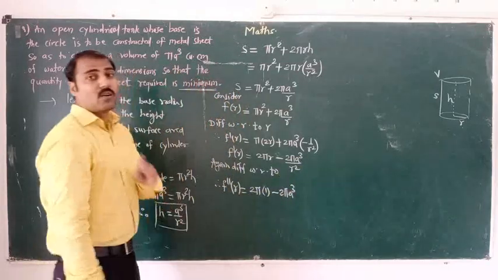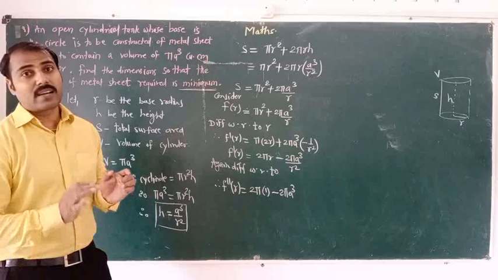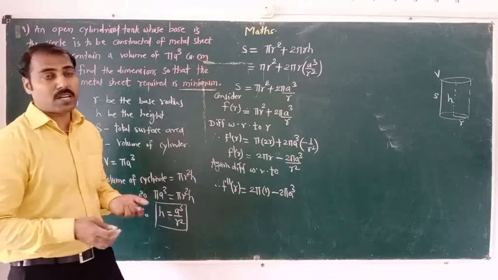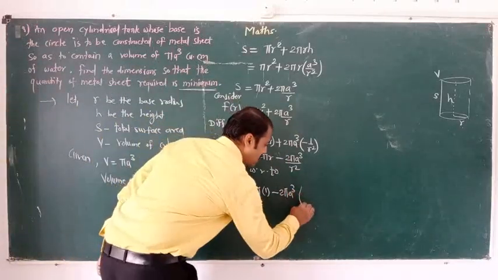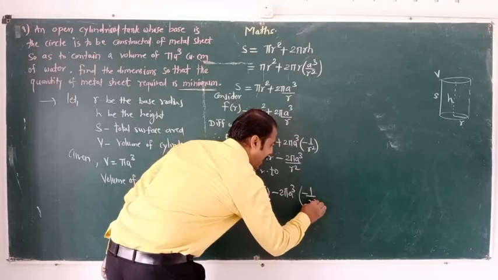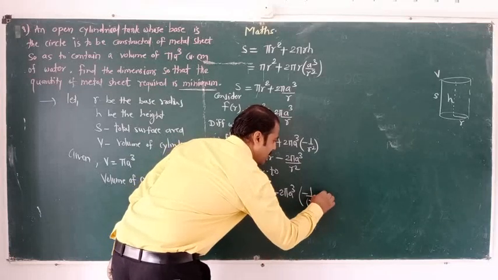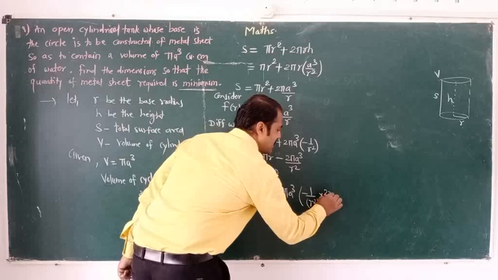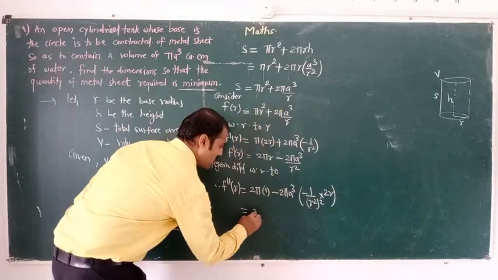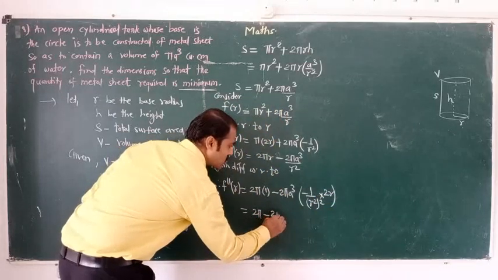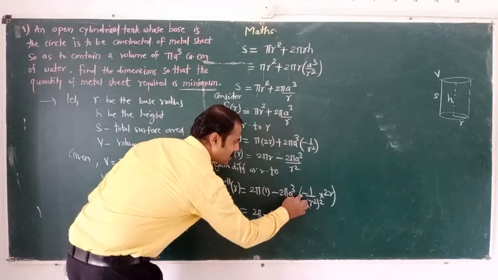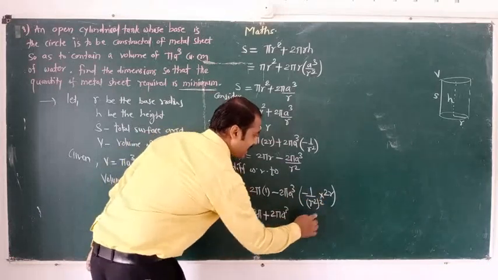What's remaining here? 1 upon R square. Derivative of 1 upon x is minus 1 upon x square. Derivative of 1 upon R square is minus 1 upon R square bracket square into derivative of R square, that is 2R, which is equal to 2 pi minus 2 pi a cube into minus 2R upon R to the power 4, so one R gets cancelled.